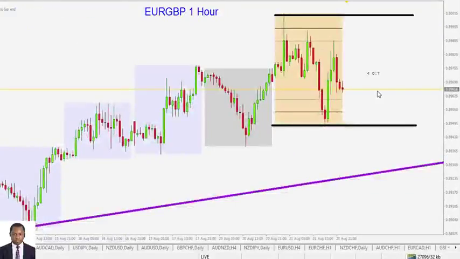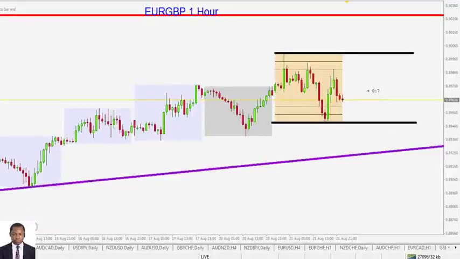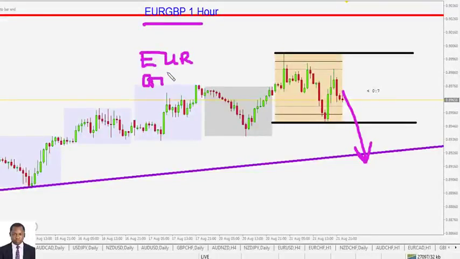Now, the euro against the sterling pounds, this pair is bearish for tomorrow. If you are looking to trade this pair, you want to search for short opportunities. It is bearish, but remember, both the euro and the sterling pounds are strong currencies at the moment.